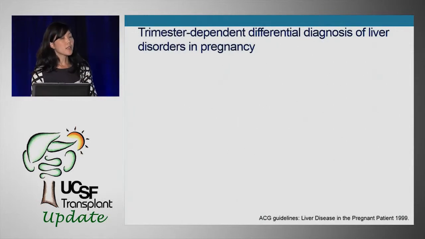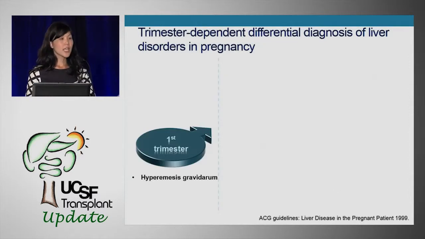When you are being consulted on a woman who's pregnant with abnormal liver tests, the differential diagnosis can be divided by trimester. In the first trimester, there's really only one liver disease that is unique to pregnancy that can cause abnormal liver tests, and that's hyperemesis gravidarum.